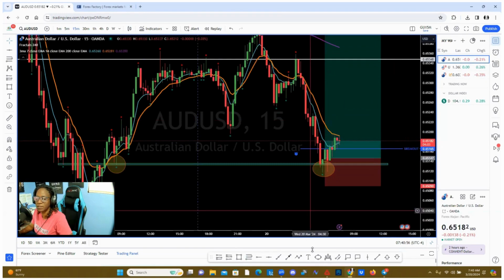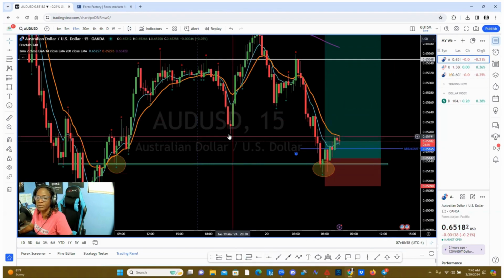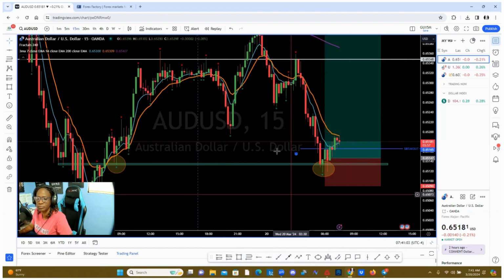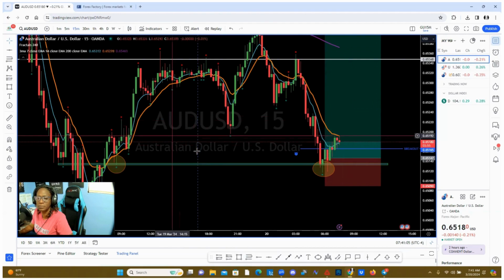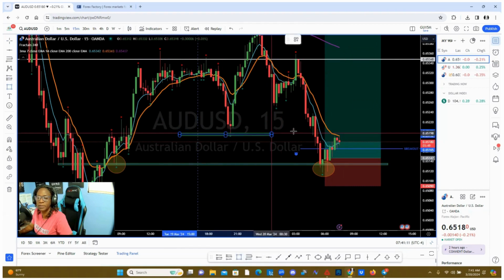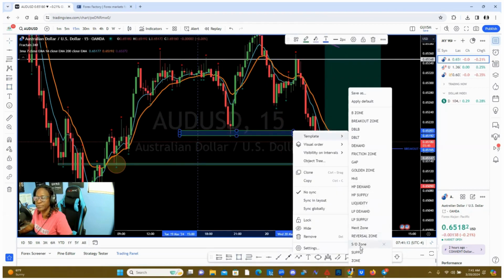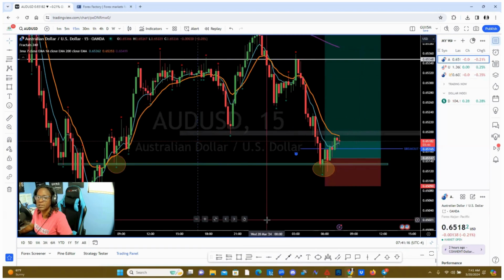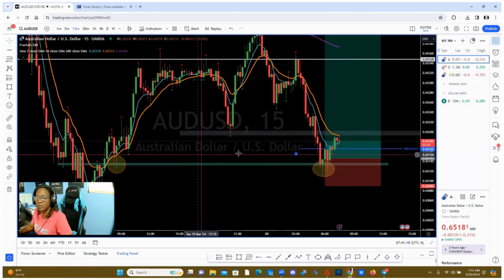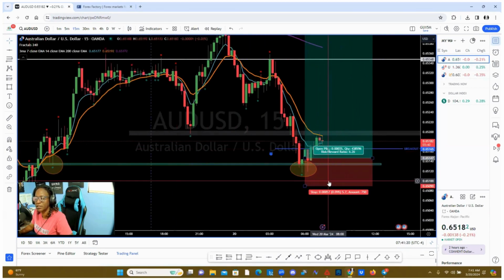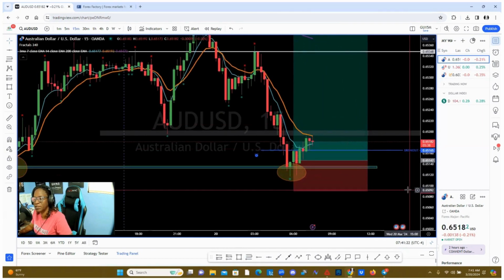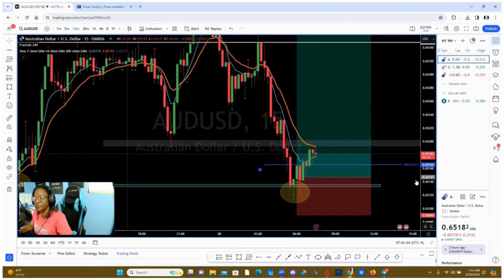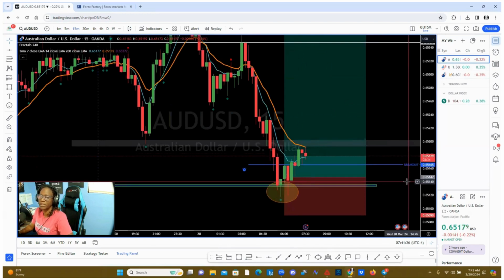So let's see. We do have some resistance in this area here. What's going on in this area here? So let's see how price handles this area. The thing about it, I like trading the 15-minute chart. It's cleaner.